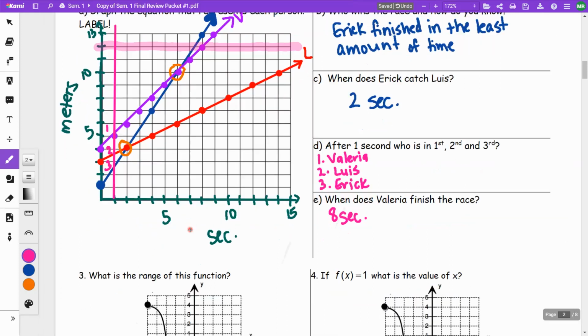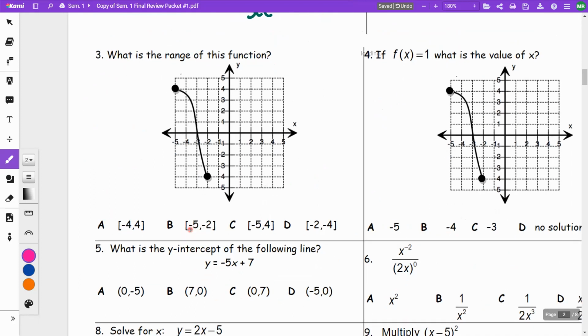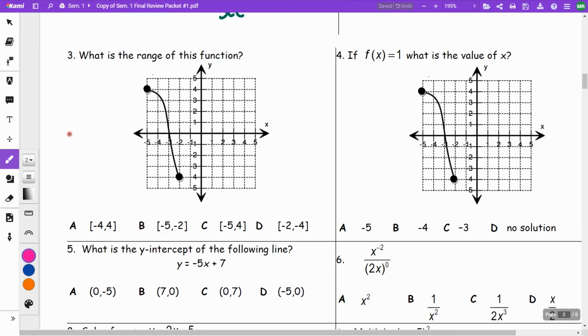Okay, so now on number 3, what is the range of this function? So the range is going to be the high to the low. So the lowest that this graph goes is here at -4. The highest this graph goes is here at 4.